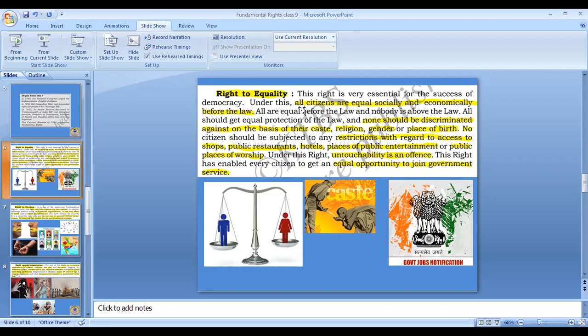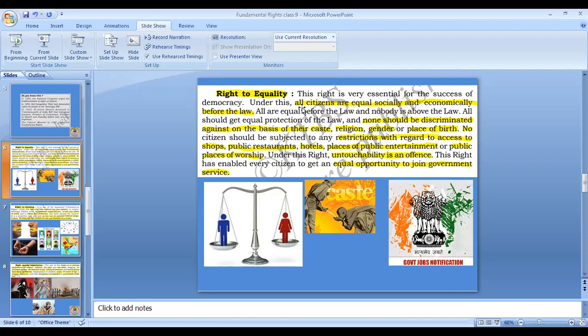And gender, male or female, both have the same dignity in front of the law, and place of birth also doesn't matter when we are before the law or before the court.